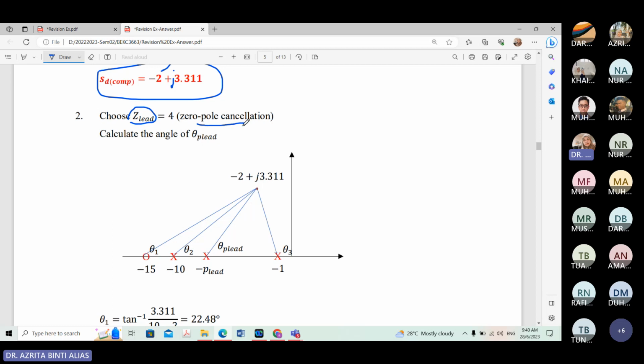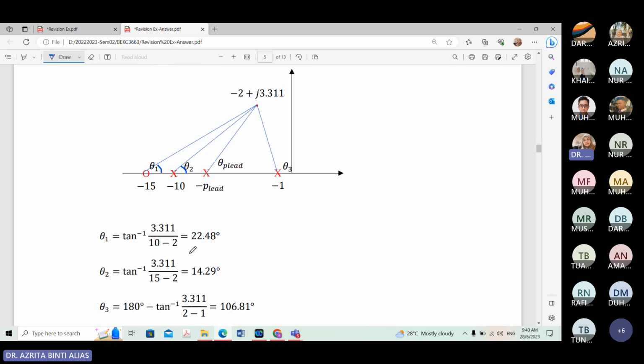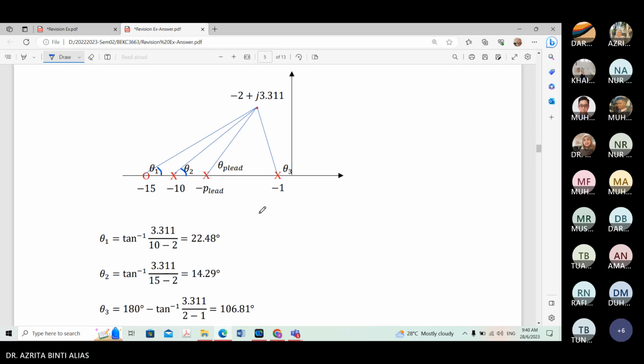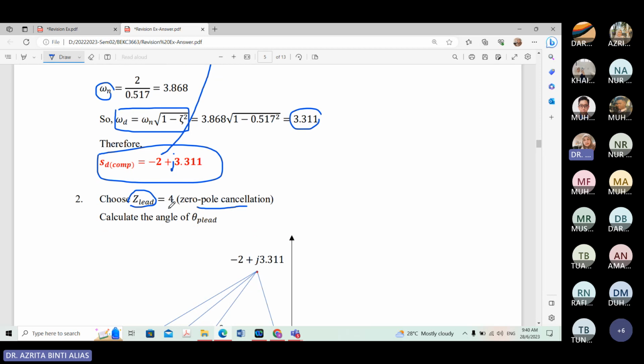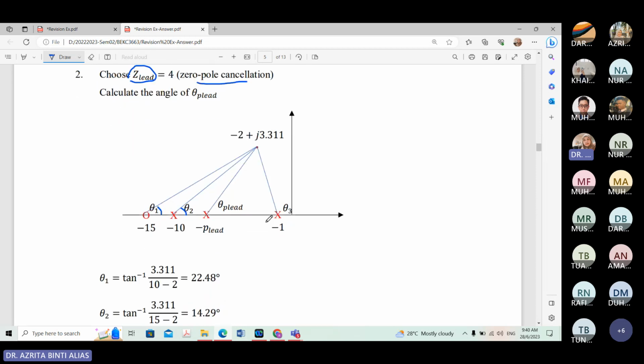When we obtain the zero pole cancellation, we can reduce our time to calculate the angles. So I choose Z lead at 4 for the zero pole cancellation with the system, and then we draw.